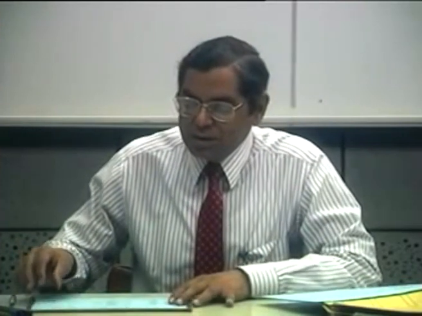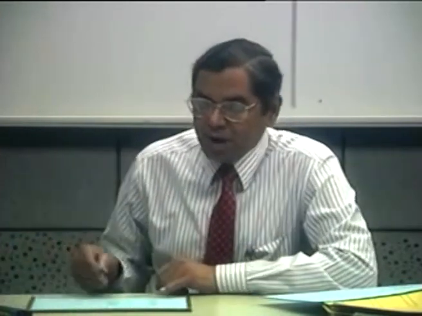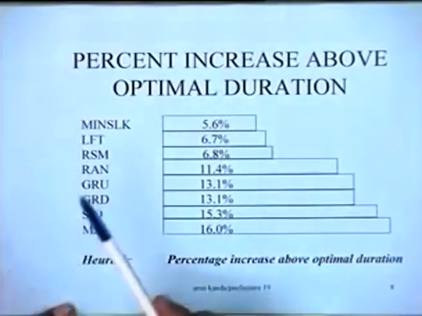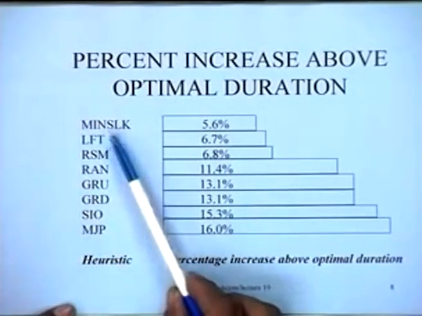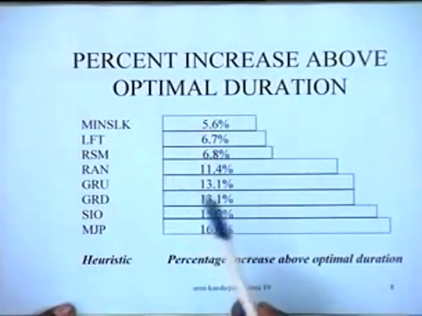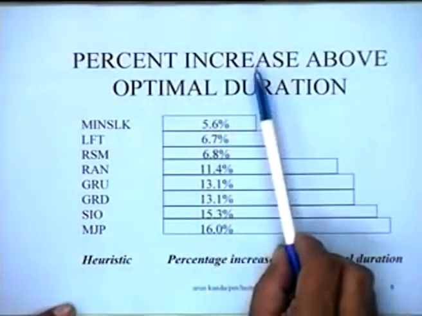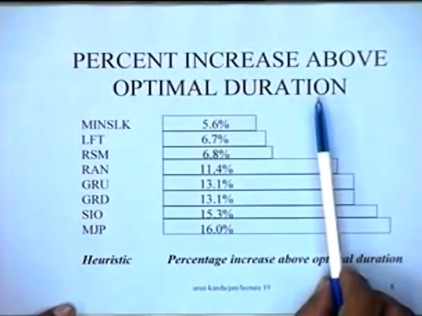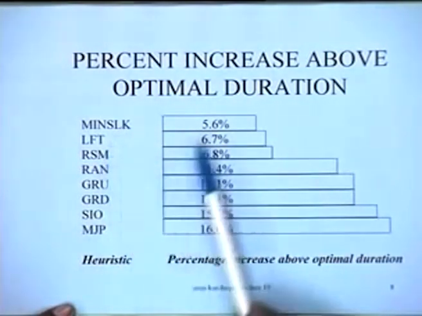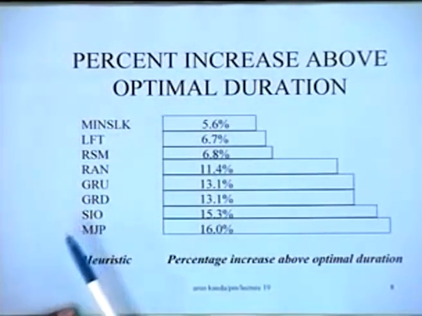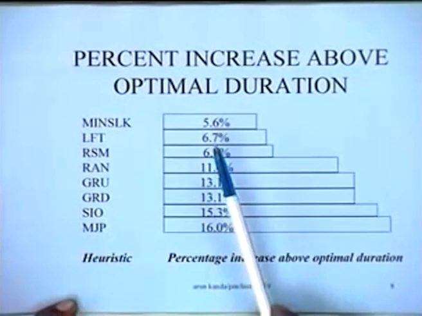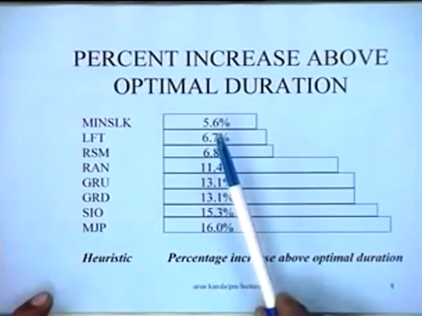Another study was done on how bad or good these heuristics were in terms of their capability to give an optimal solution. So the percentage increase above the optimal duration was, in this increasing order, min slack.